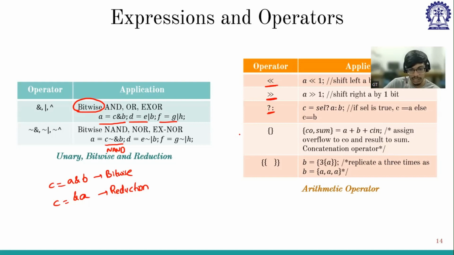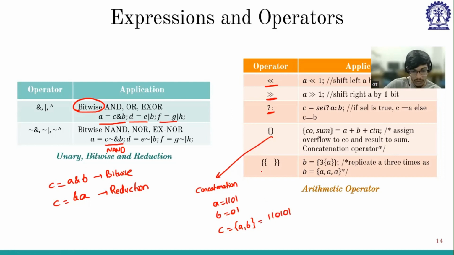And this is called the concatenation operation. Say A equal to 1101, B equal to 01. If I write C equals A comma B, then it will concatenate to 110101. And if you use a number, then you can do multiple. So you can replicate.